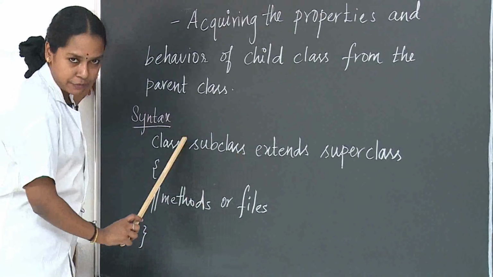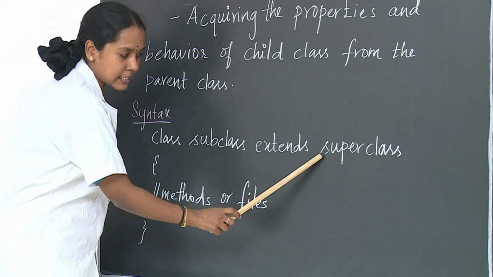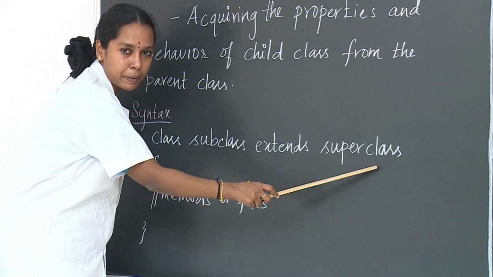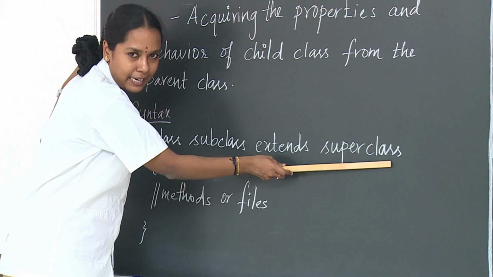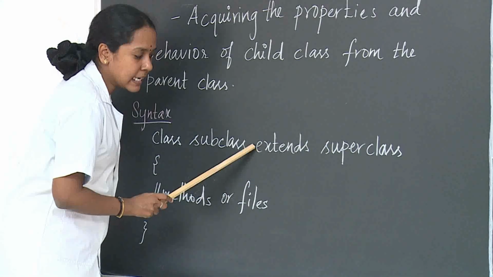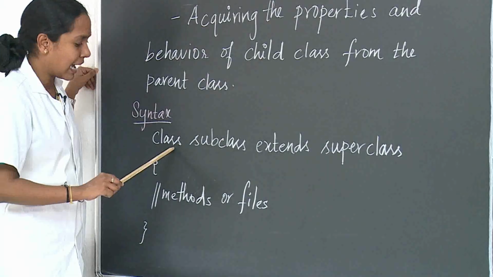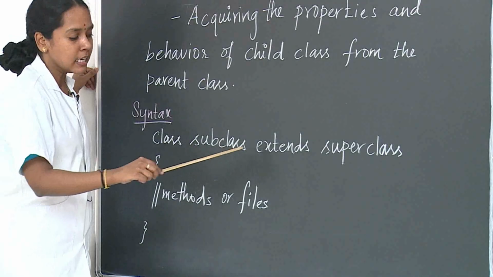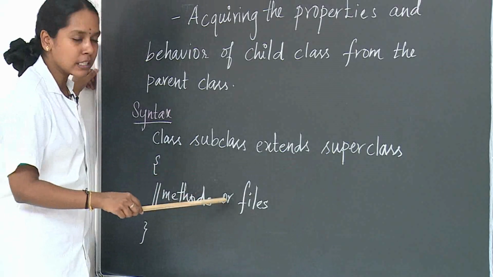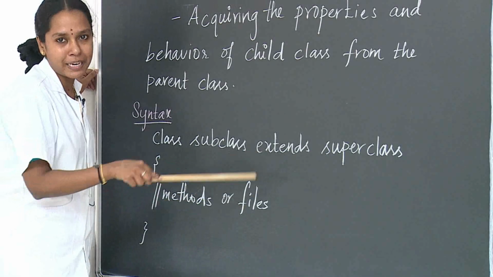The subclass is defined and I am accessing the properties of the superclass, that is the main class or parent class, so I extend the superclass. This is the syntax of inheritance. So class is the keyword, then subclass extends superclass. Here we get the fields or properties of the base class.